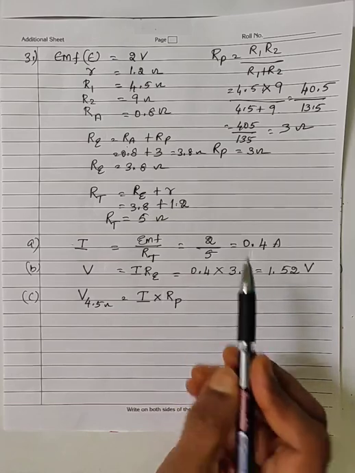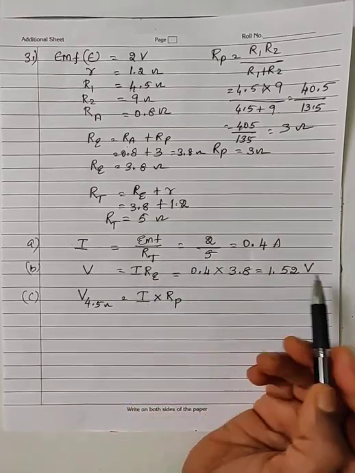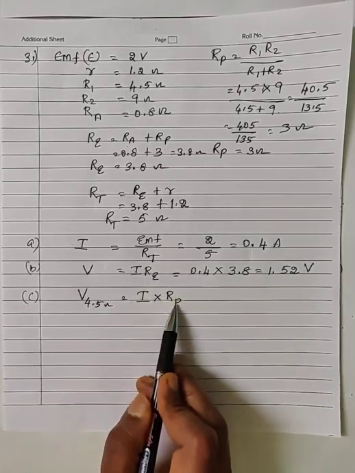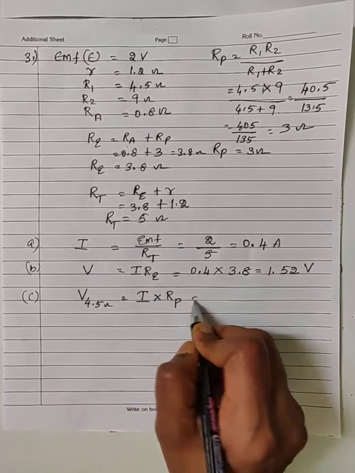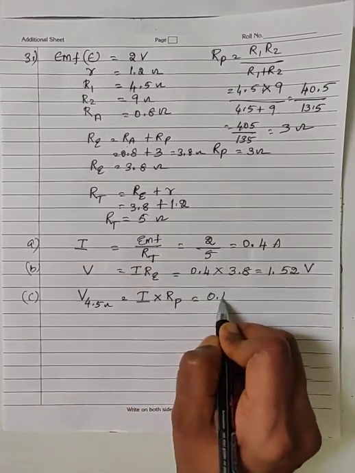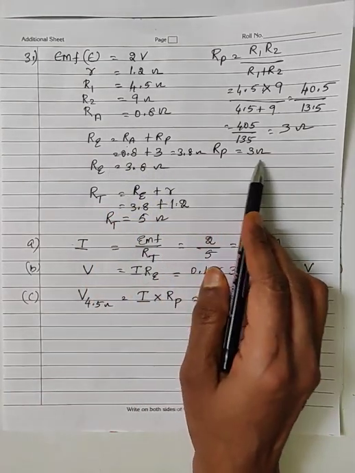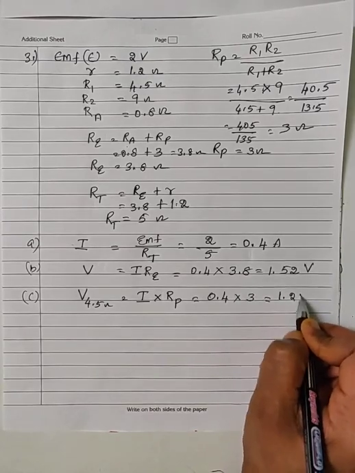But the current flowing through the entire parallel combination is equal to current drawn from the cell. So substituting, current drawn from the cell is 0.4, multiplied by the effective parallel resistance Rp, which you have calculated as 3 ohm, which is equal to 1.2 volt.